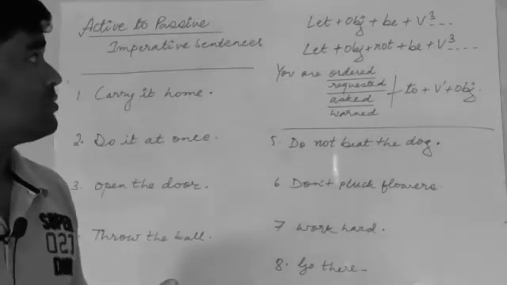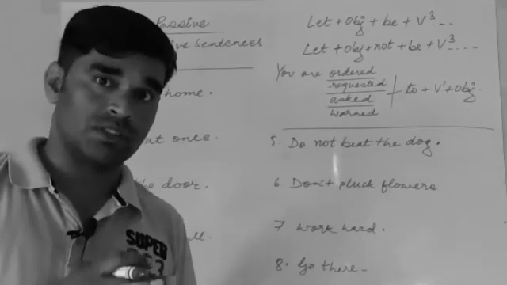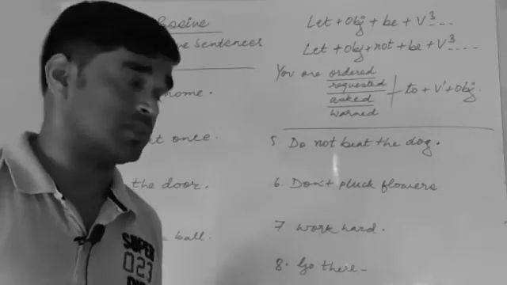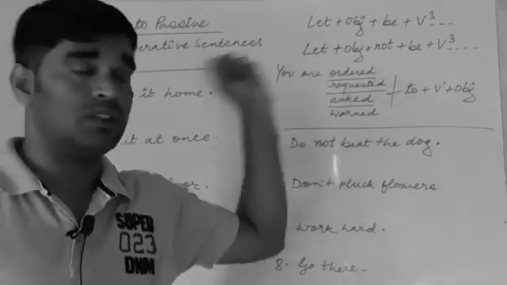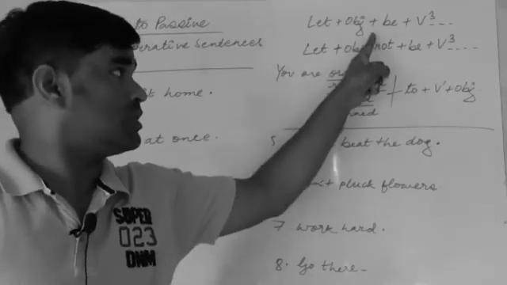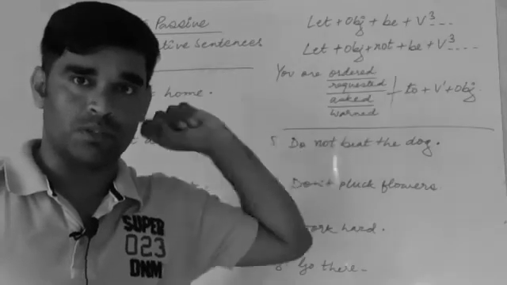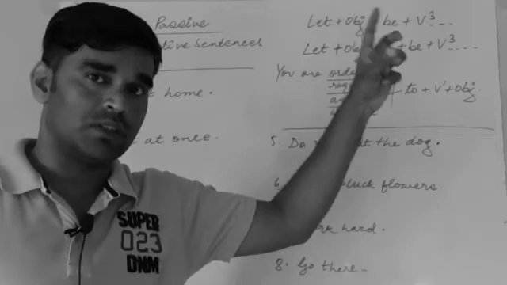Let us take a look at the rules and methods of transformation for such sentences from active to passive. We have to start the passive construction with the word let. Let plus object, after that be, and then the past participle of the main verb in the active sentence.